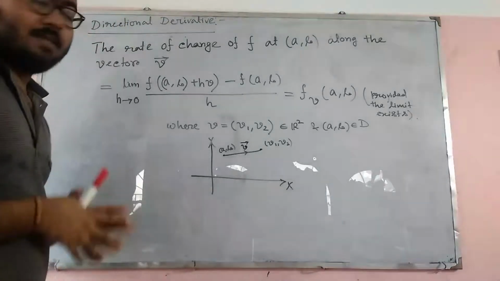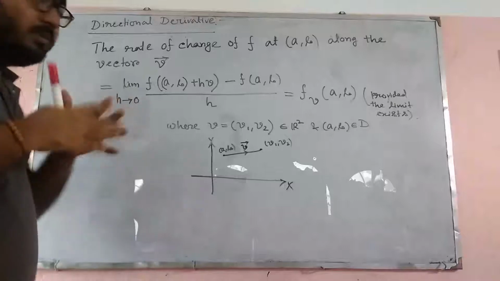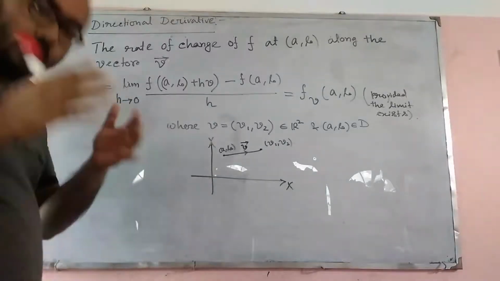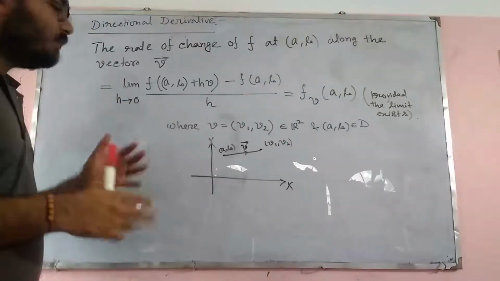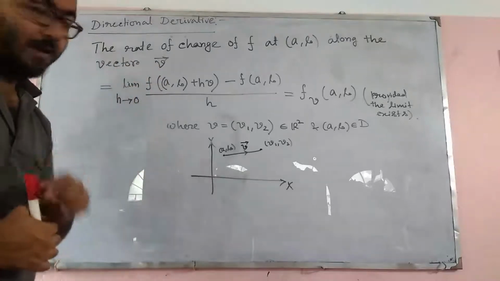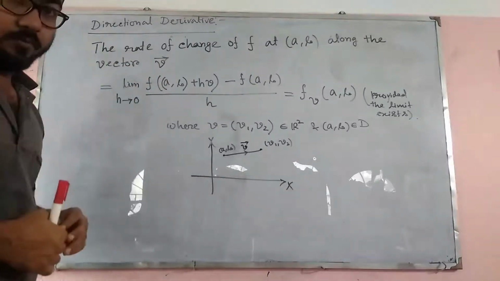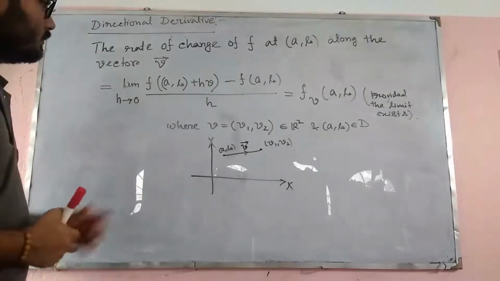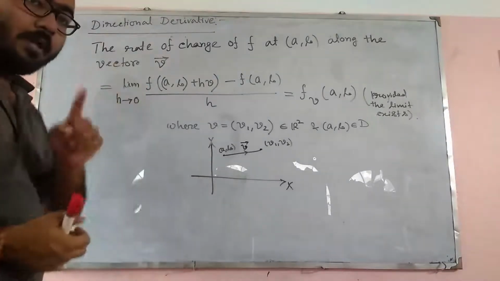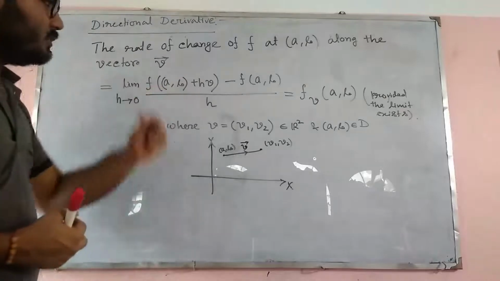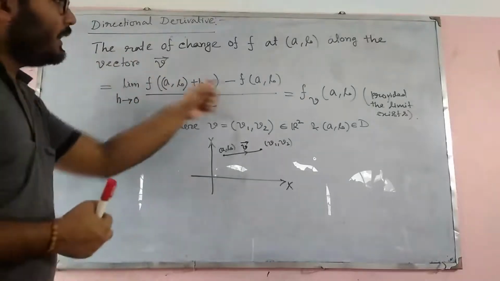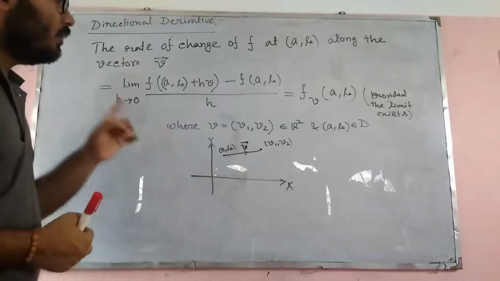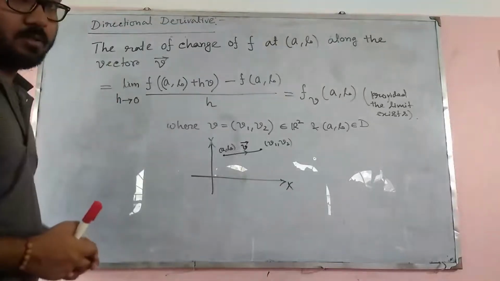Directional derivative is nothing but the rate of change of f at a comma b along the vector v bar, which is equal to limit h tends to 0 of f of a comma b plus hv minus f of a comma b, whole divided by h.